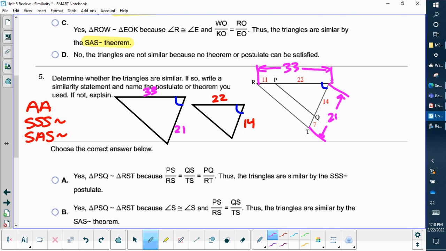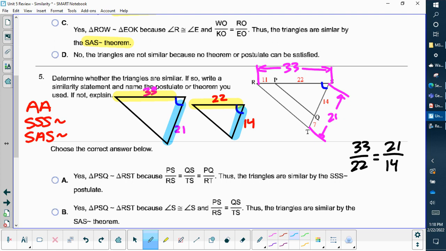And let's make fractions out of these. Match corresponding sides here. Maybe I'll do big over small this time. Big over small, big over small. I look over here: 33 over 22, and 21 over 14. Do these equal each other?